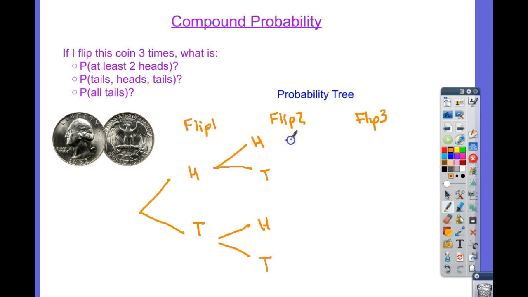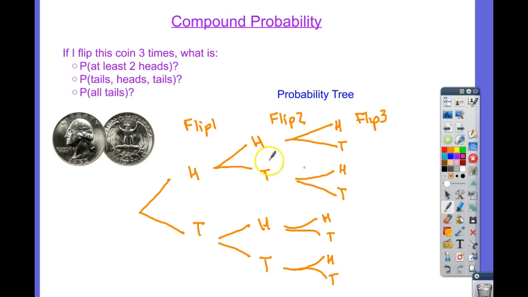If I flip a heads and then a heads, it can either be a heads or a tails. For each of these, heads or tails, heads or tails. So then again, we're going to list all the possibilities.